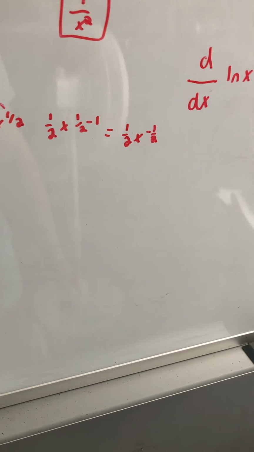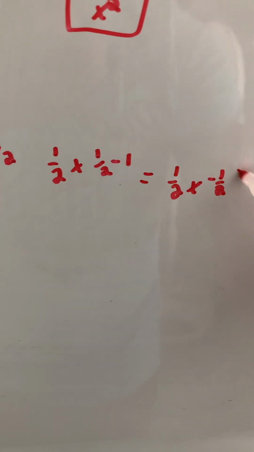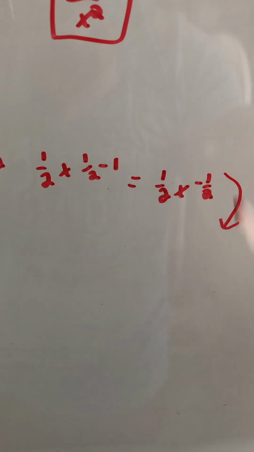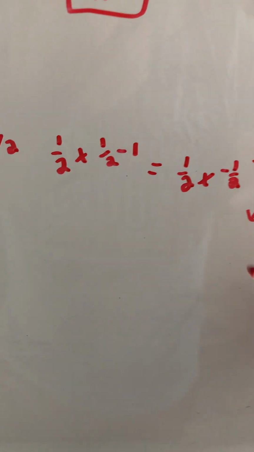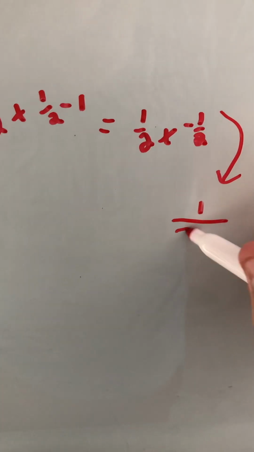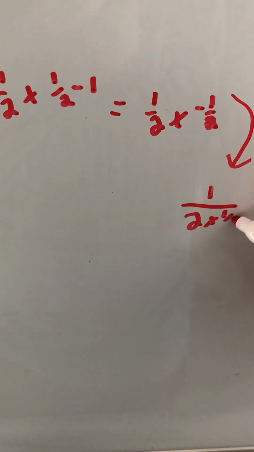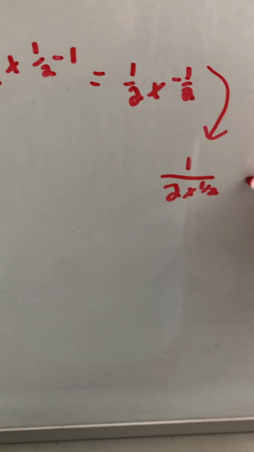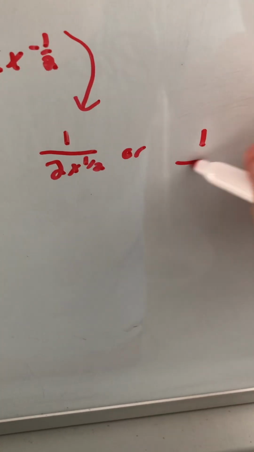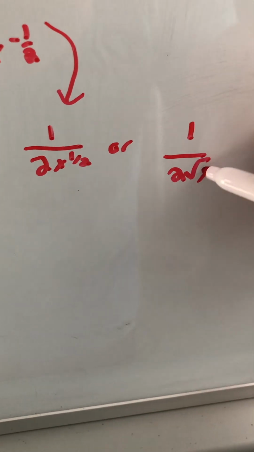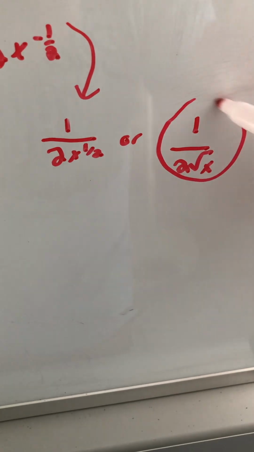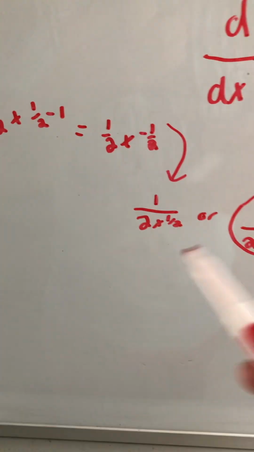I'm going to simply rewrite this, because you cannot leave a negative exponent like that. So it's going to be 1 over 2, times x raised to 1/2. Or you could write it like this: 1 over 2 root x. Those are both correct, by the way. You could write these in both ways.